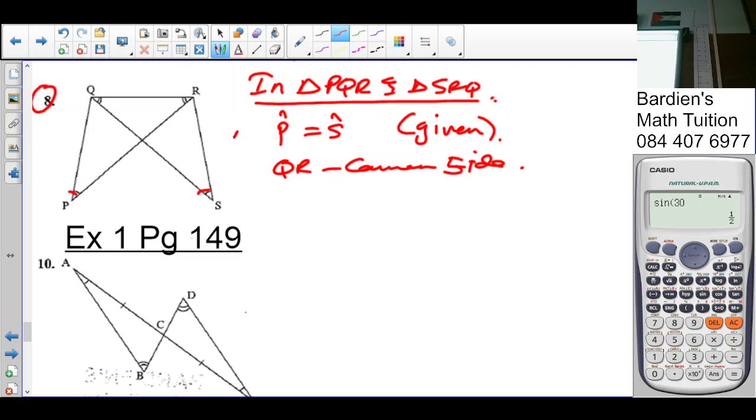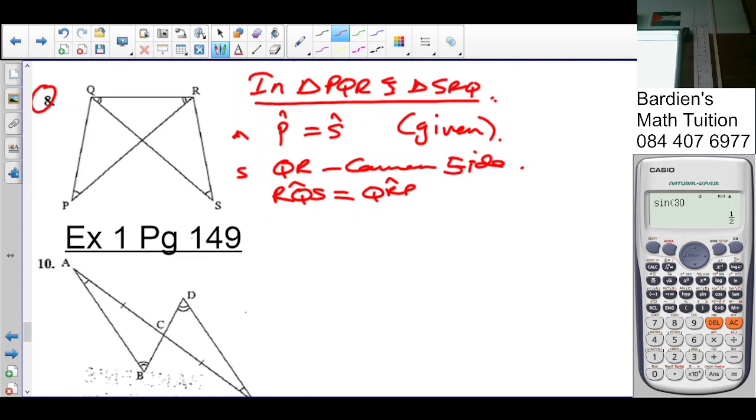One more. So it's an angle, a side. If we use a side, it must be the included angle, which is not the case. So we must use another angle. Which angle? Can I just say Q? No. Because it's only that part that you are referring to. So angle RQS is equal to angle PRQ.